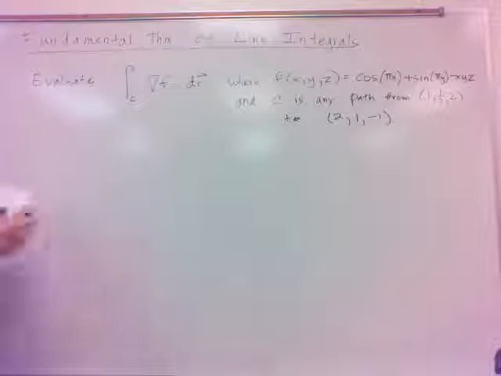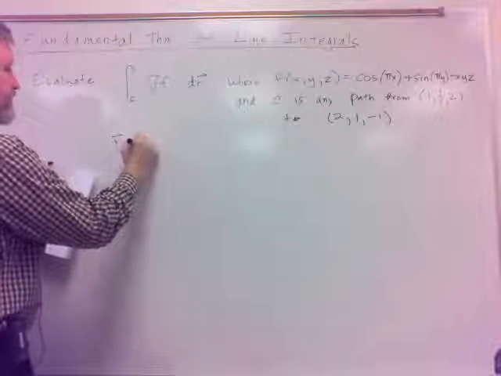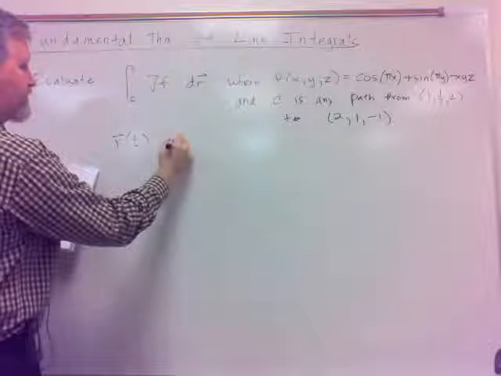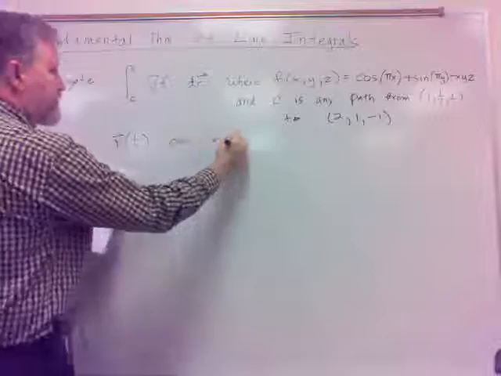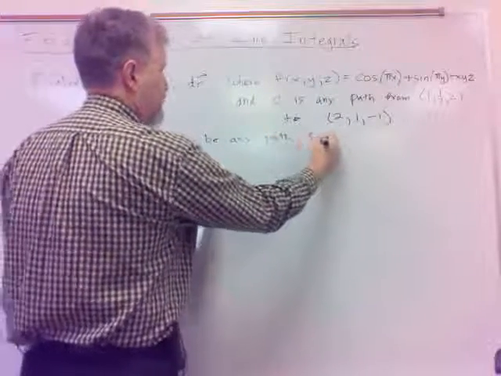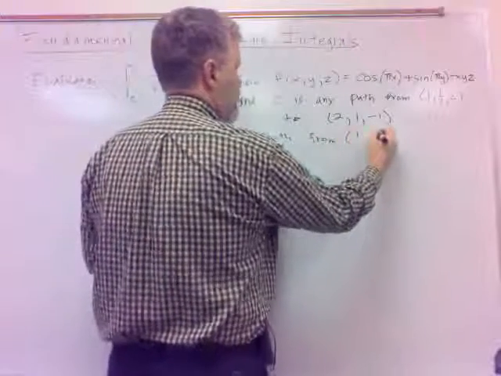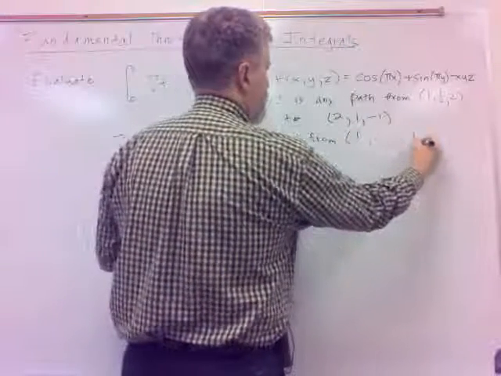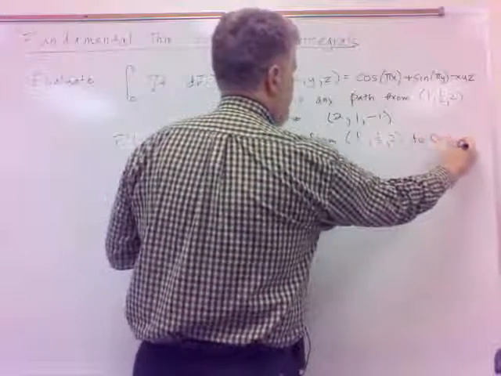And so r of t can be any path that goes from (1, 1/2, 2) to (2, 1, -1).